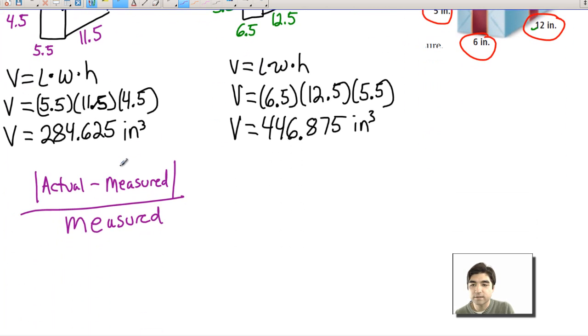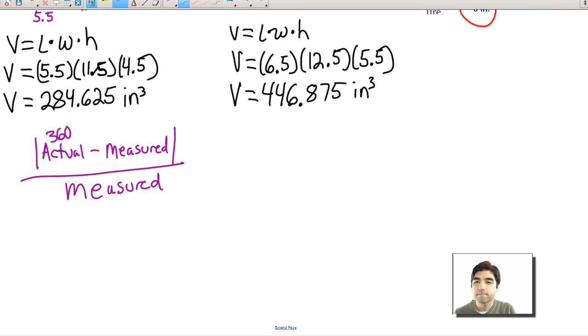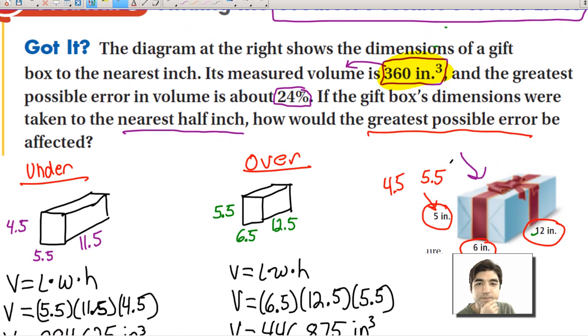So if we do this equation, would that be the actual or measured? Do they say measured?